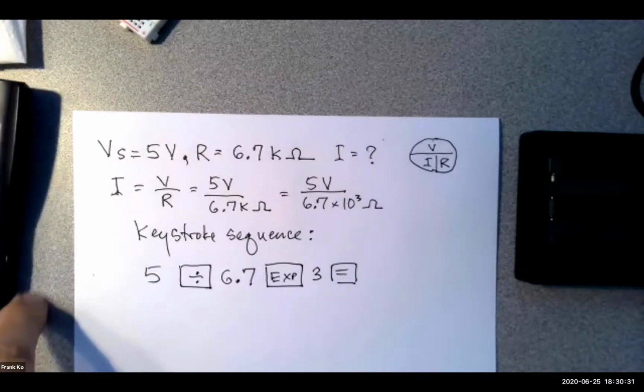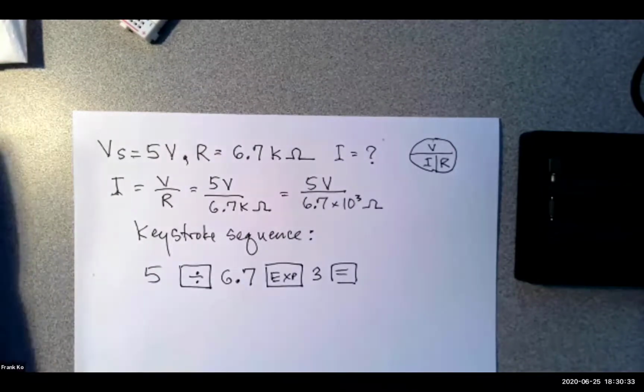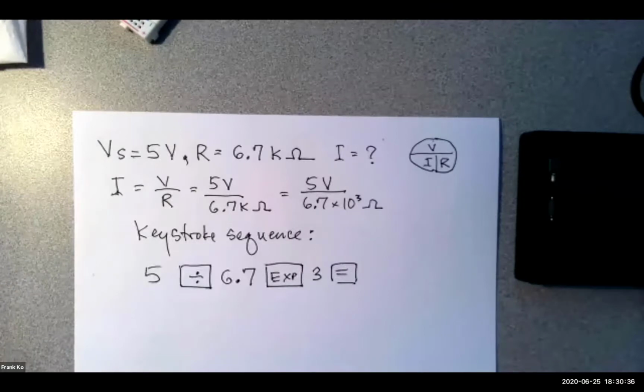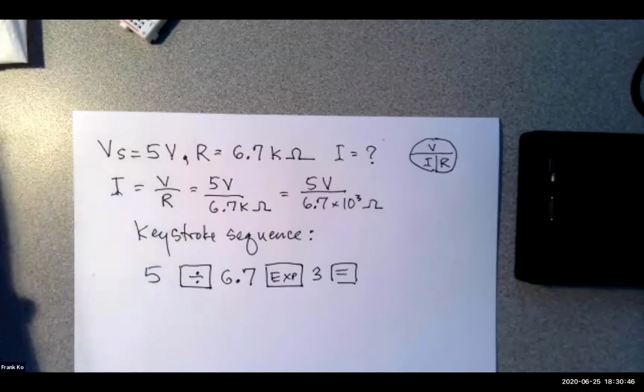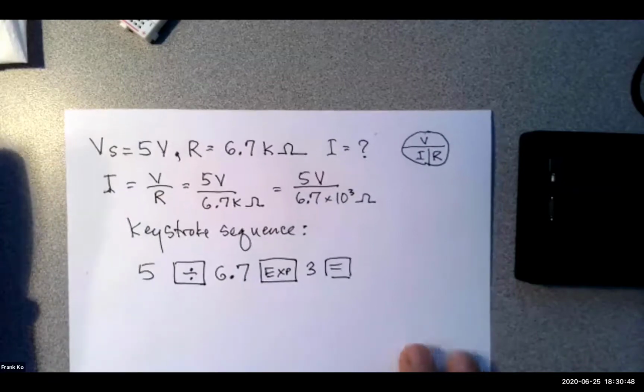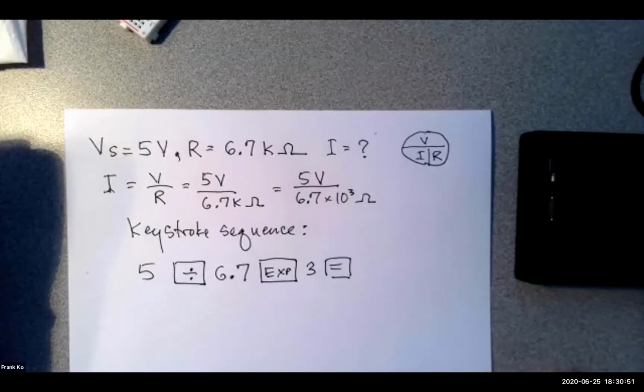Question will go to Erica. Could you do this and give us what you calculate on your machine, please? 5 divided by 6.7 exponent 3. And what do you get? Erica, could you unmute your microphone?